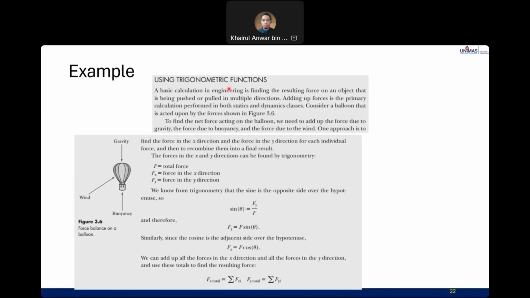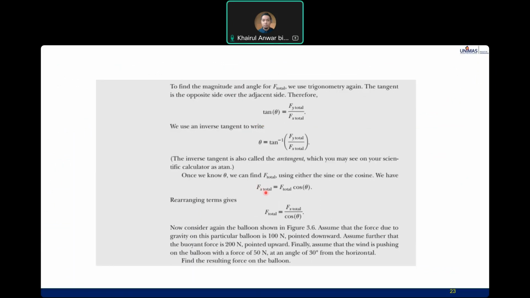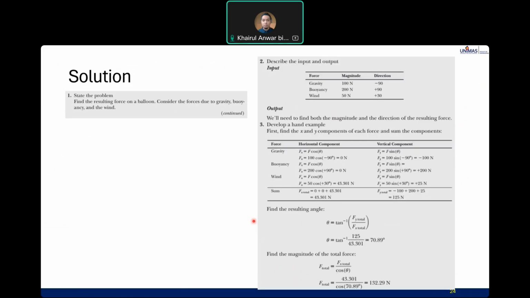Using trigonometric functions. This is about finding the force. Find the resulting force on the balloon. You need to note the inputs here are gravity, buoyancy, and wind, and the output is the resulting force.